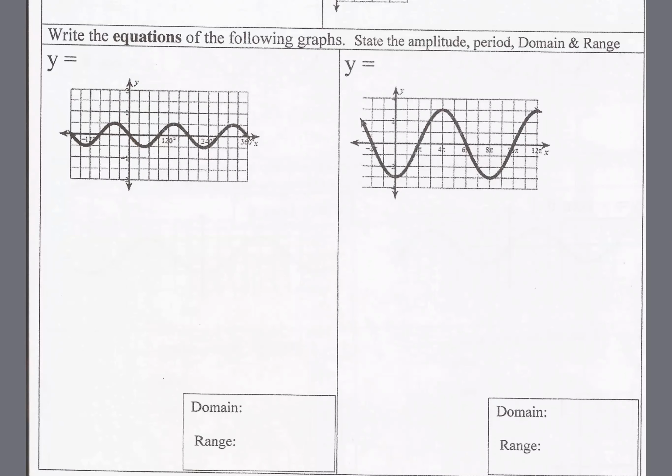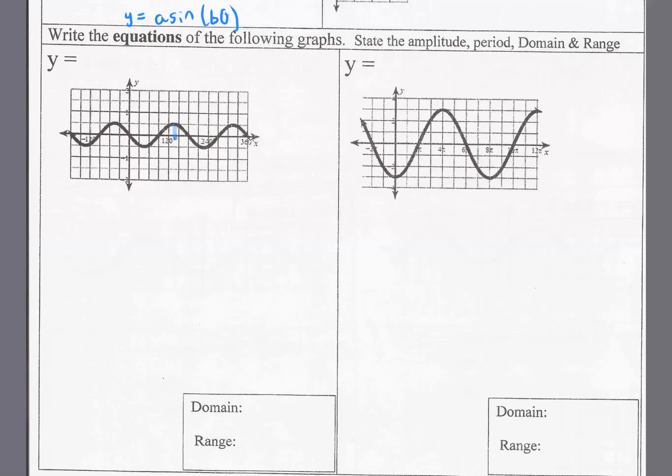Whenever it's a sine graph, you're going to use this formula, A times sine of B times theta. Let's first find the amplitude. The amplitude is the distance from the x-axis to the max. That looks like it's going to be 1. So I'm going to say amplitude equals 1.